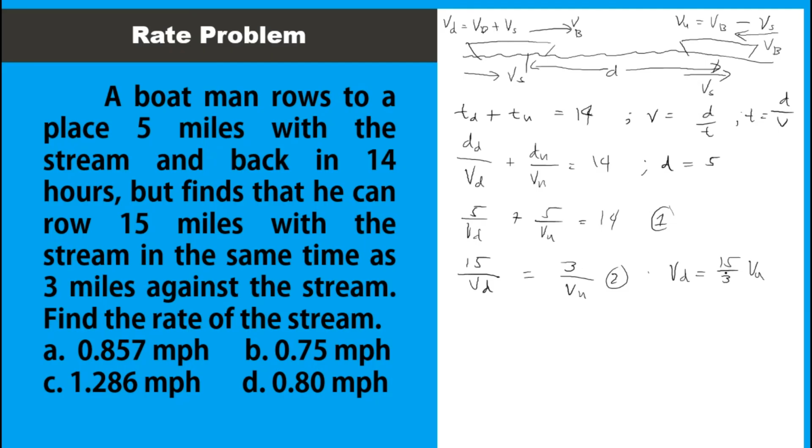So we can substitute that in the first equation. You have 5 over v sub d, so that is 5 over 15 over 3 v sub u, plus 5 over v sub u, equal to 14. We can use shift solve for v sub u.